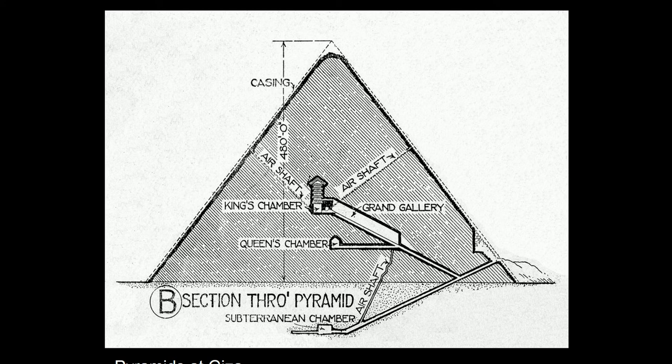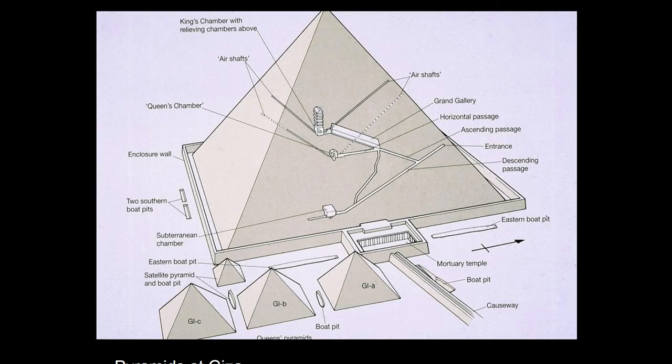So if there are air shafts, they allow convection, warm air and cool air moving in a cycle, and it keeps the air replenished so that people don't die inside of it. Here's another image showing the Temple of Cheops and the Queen's pyramids in the foreground.